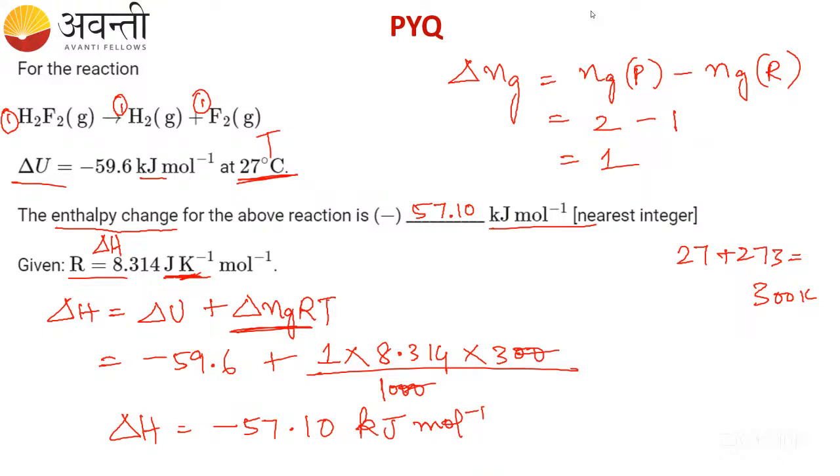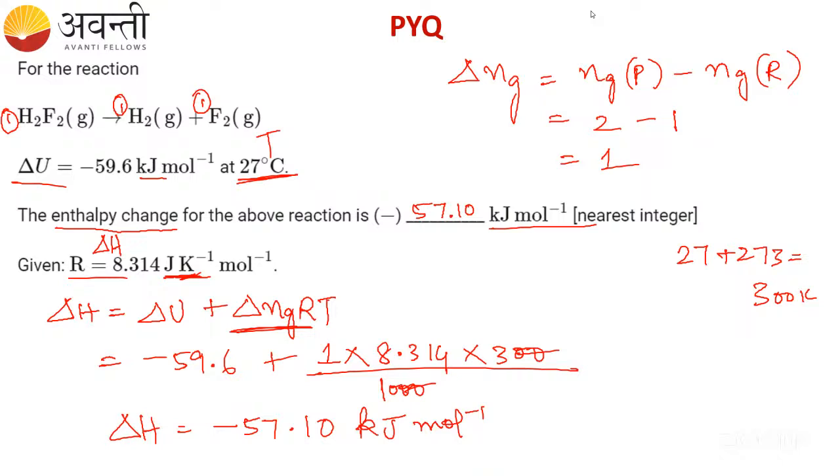Are you all getting this answer, students? 8.314 into 300 divided by 1000, plus or minus 59.6. Okay, Manish is also getting it.